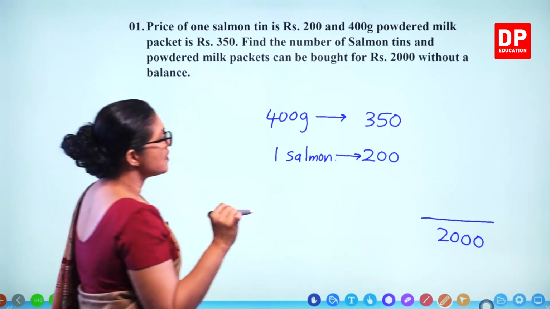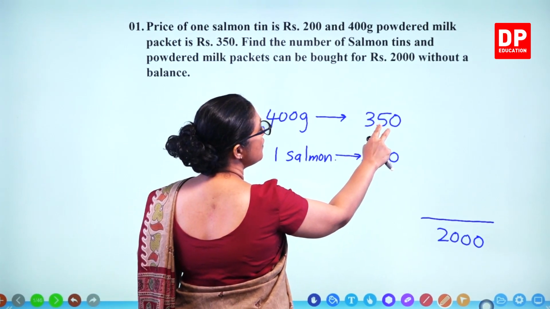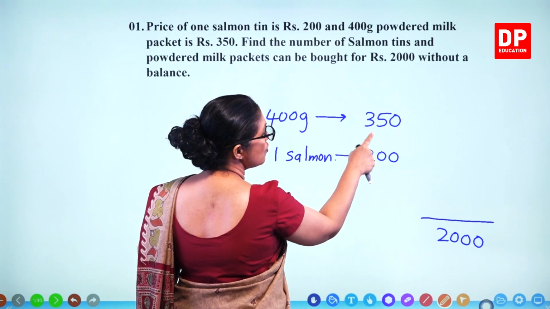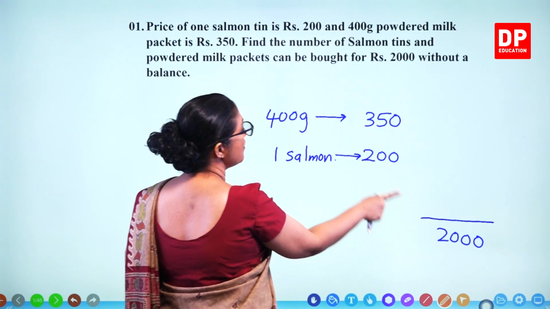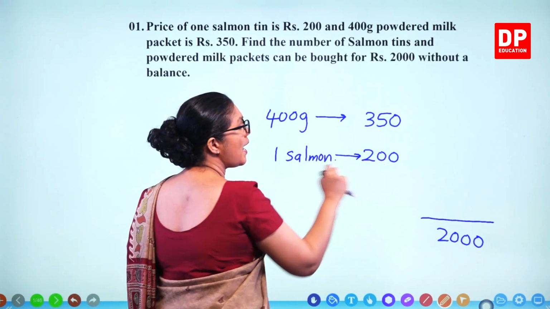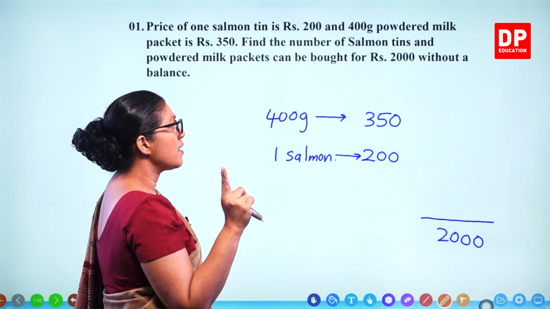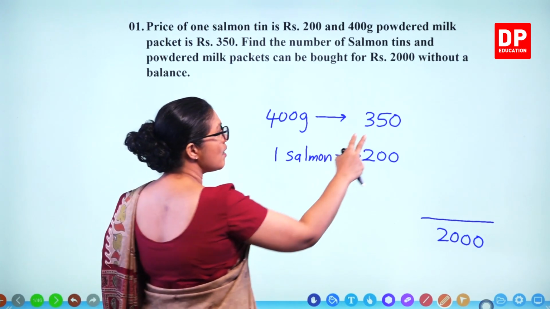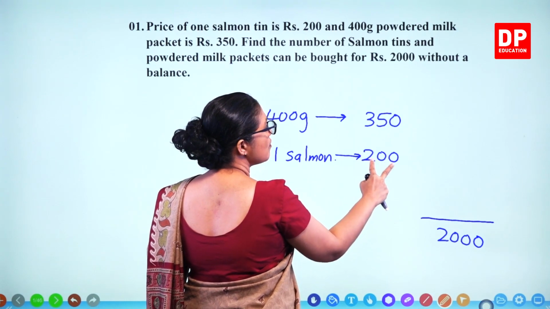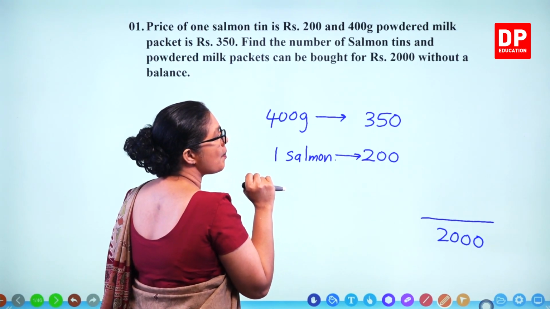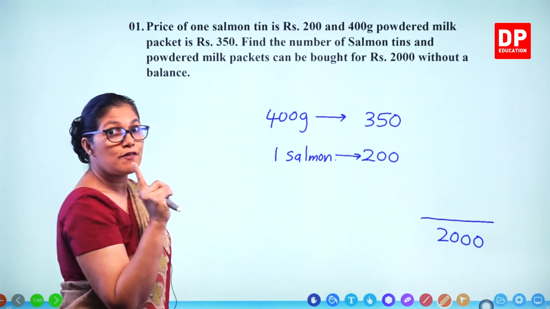So we need to see. If this is 2, you get 700, but it's not divisible by 200. So you can't take 2. If it's 3 also, it's not divisible by 200.